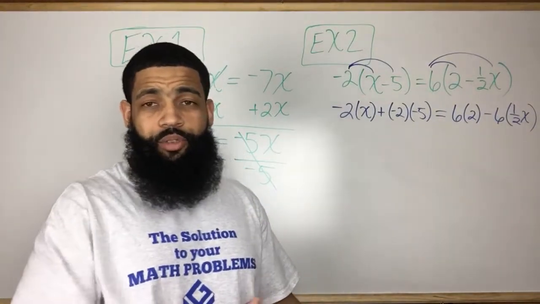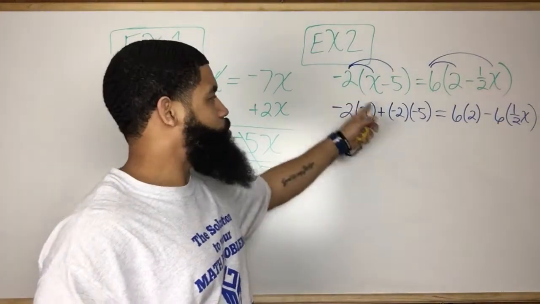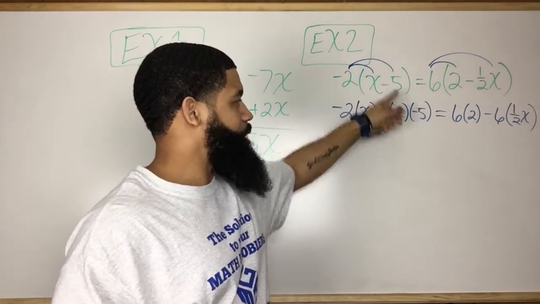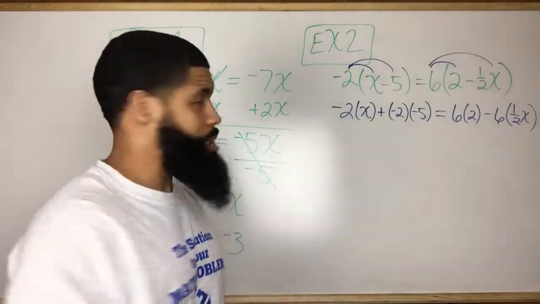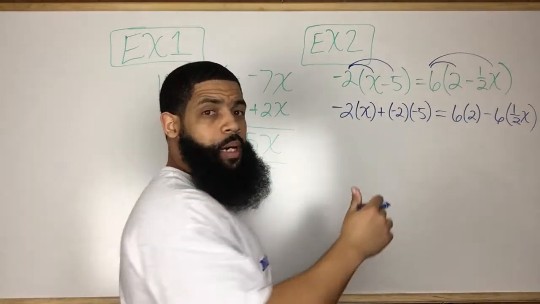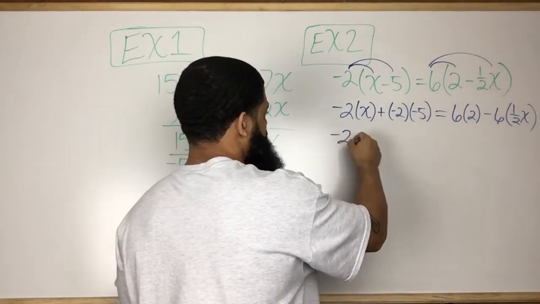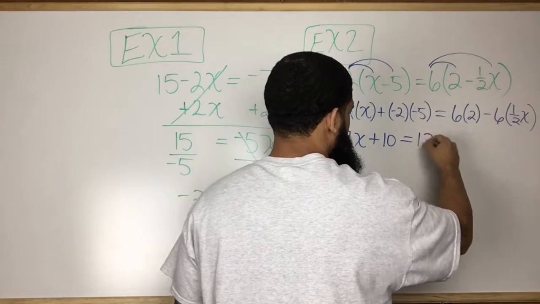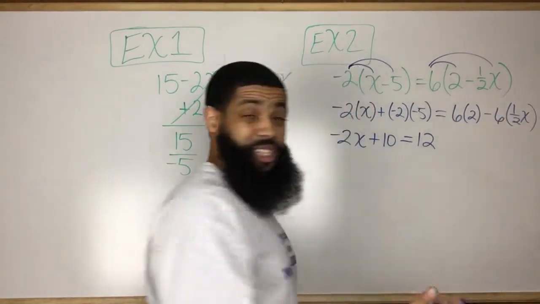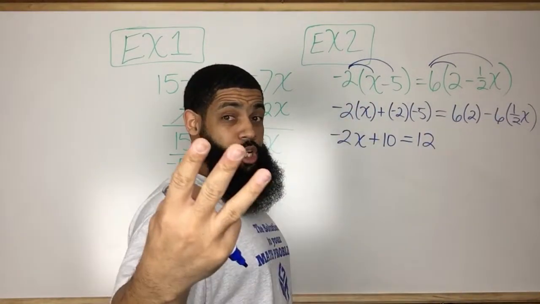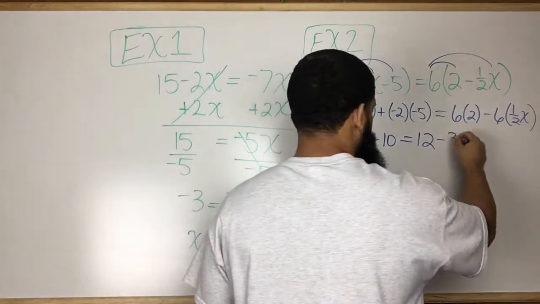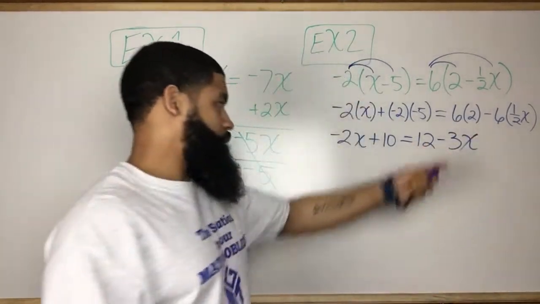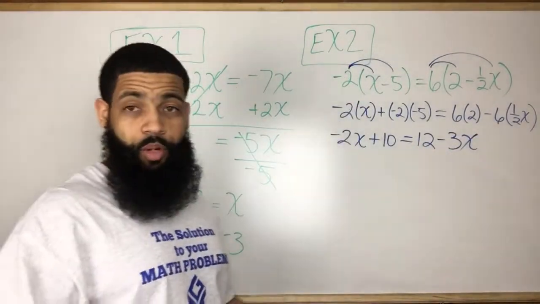Remember, there's several different ways to do these, but I want you to see that a negative times a negative equals a positive. Here we go. Negative 2x plus 10 is equal to 12 minus 3x, since half of 6 is 3.